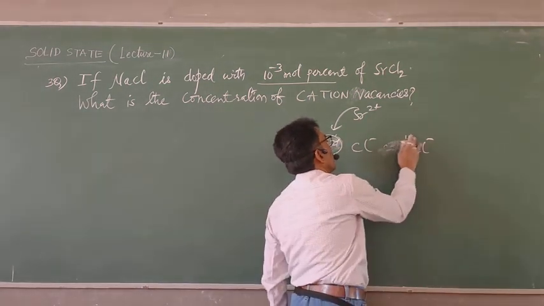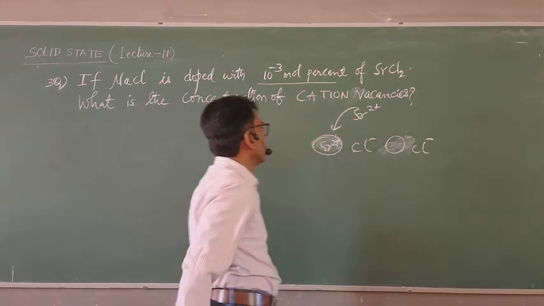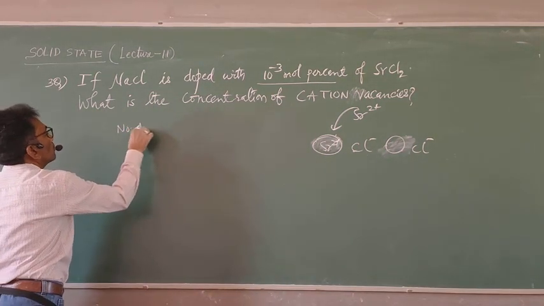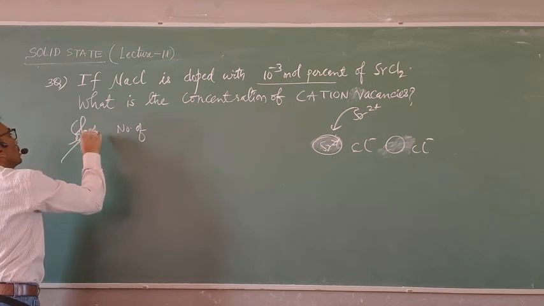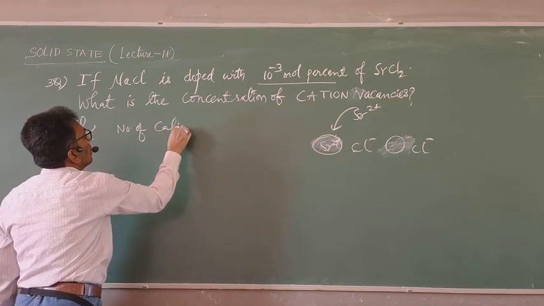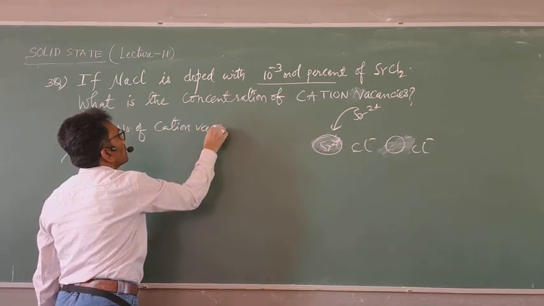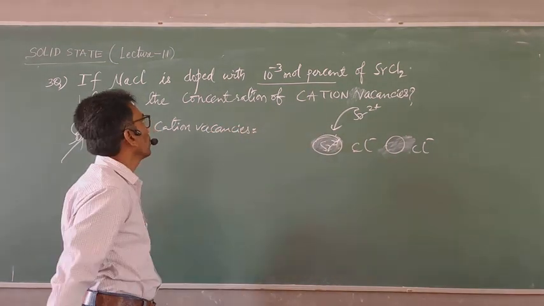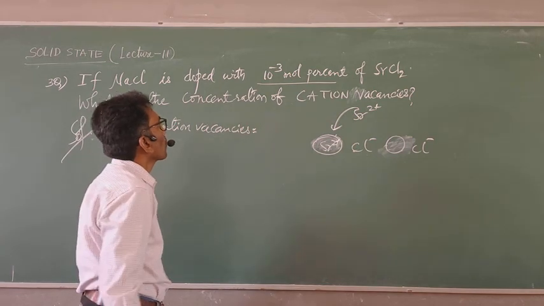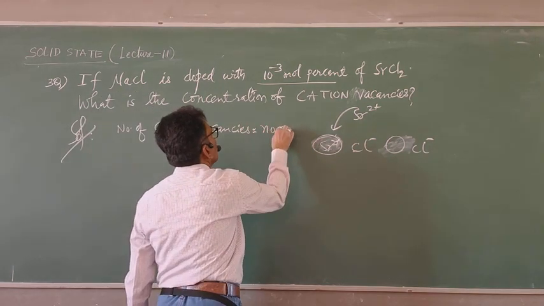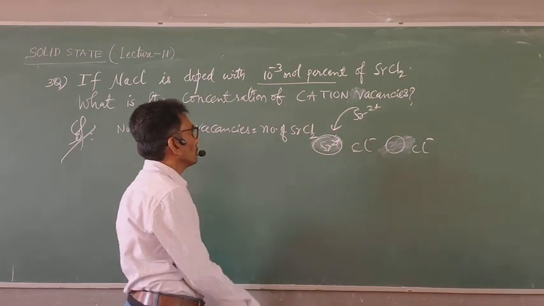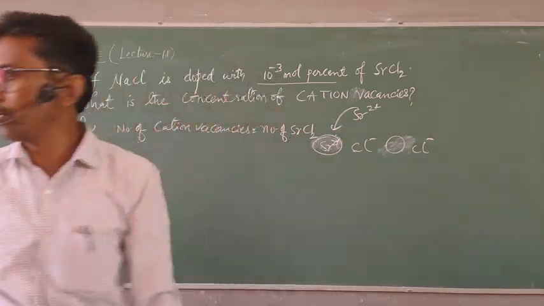That's why an equal number of vacancies arise. Therefore, the number of cation vacancies is equal to the number of SrCl2. Okay, I hope you followed this one.